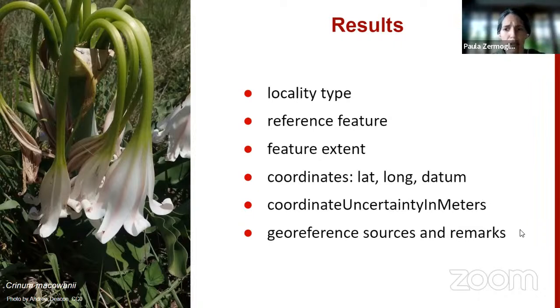And on top of that, we will ask you to tell us which sources you used when you tried to georeference this, and if you have any remarks. Like, for example, we couldn't do this because of X reason, or this location we had to georeference in this way or this other way. You don't have to write it down, but you have to be able to tell us so that we can compare the different groups and discuss it all together.